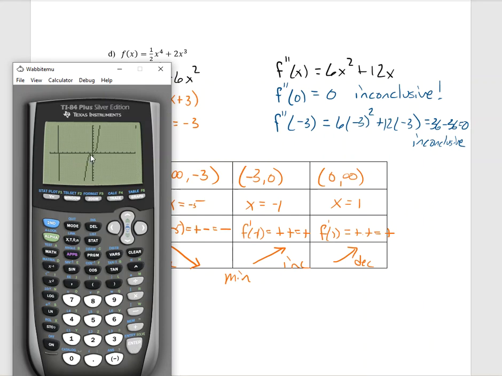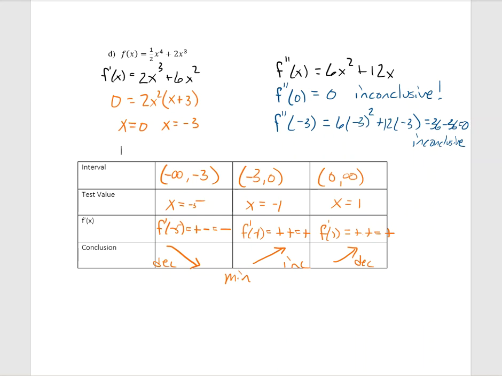Here at 0, we see it gets to be a flat spot. The derivative, the slopes, our graph is decreasing. We have a minimum here at negative 3, as we suspected. And then this little flat point, not a maximum or a minimum, but it is a critical number. Everything looks exactly as we thought it did. I should have used the graph, but I didn't, and I just made it go away.